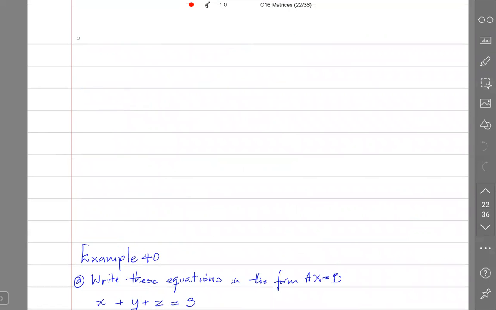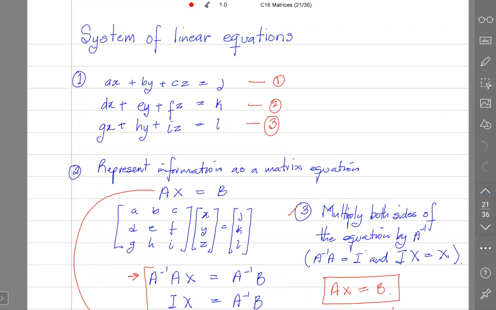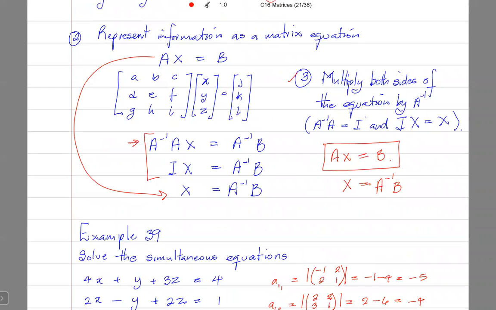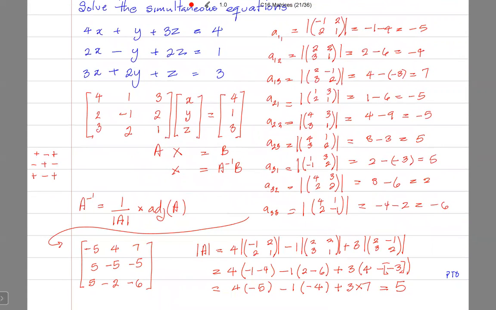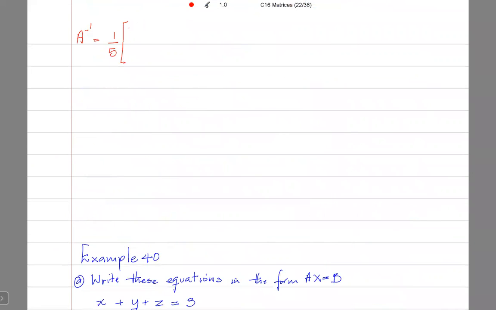So A inverse is 1 over the determinant, which is 5, times now A adjoint, which is the transpose of the matrix of cofactor. So therefore, I'm going to have what? My first column, minus 5, 4, 7, minus 5, 4, 7.